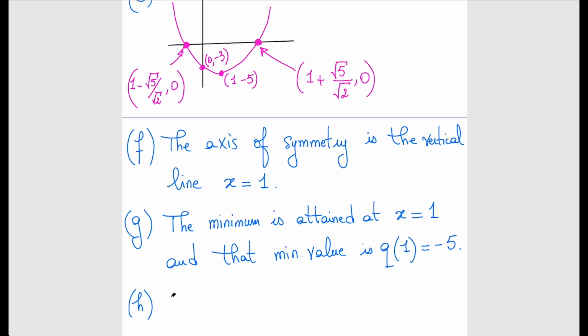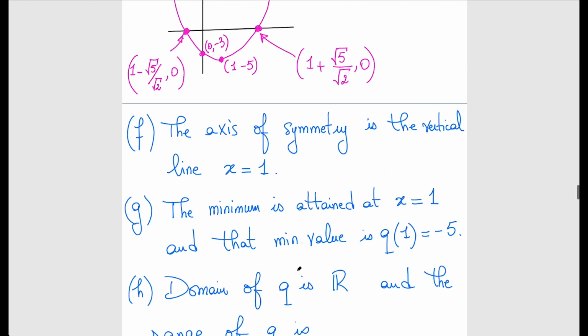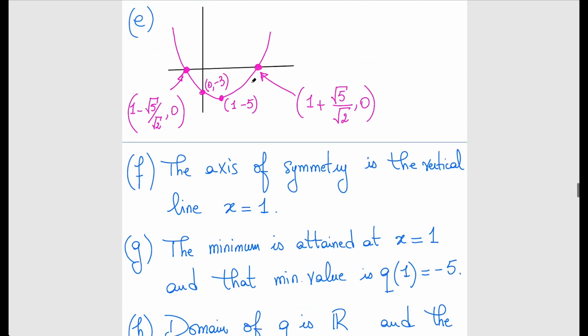So the domain of q is all real numbers, and the range of q is, well, the function outputs all real numbers from this lowest point onward, which is the minimum it attains, which is -5 onward.